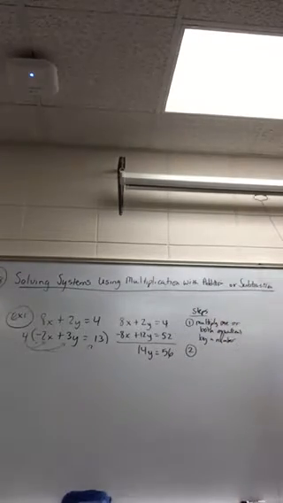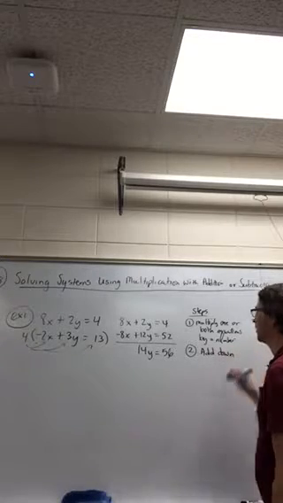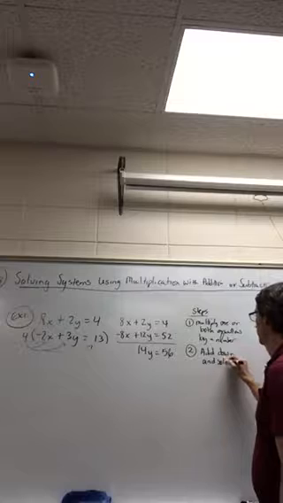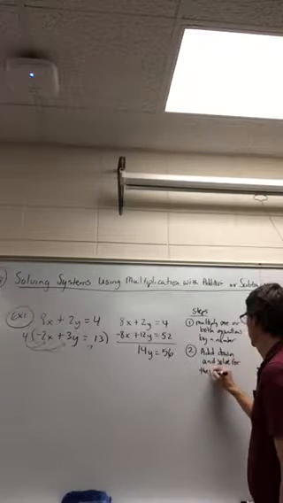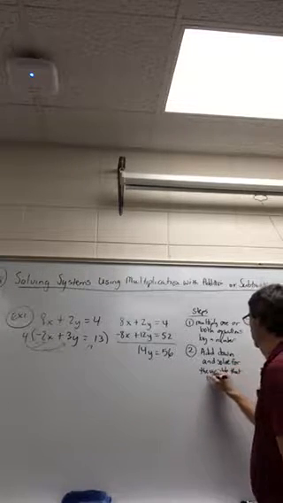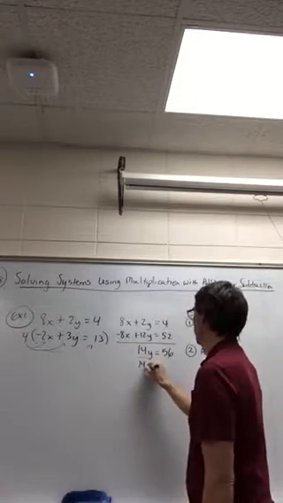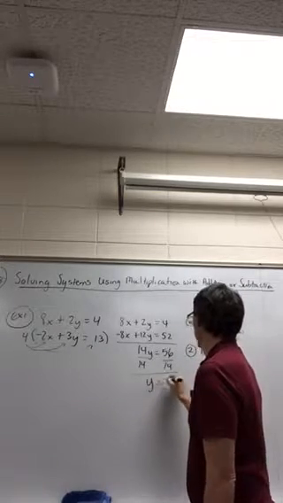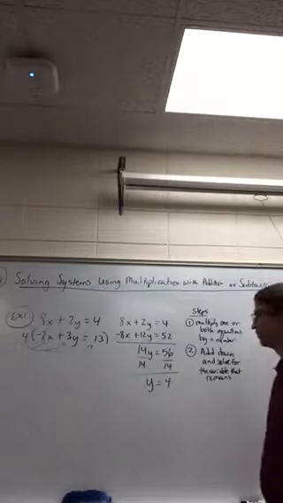After you do that, you're going to add down, as long as we come up with opposites, and solve for whatever variable remains. So in this case, we're going to divide by 14. We get y equals 4, because 56 divided by 14 is 4.